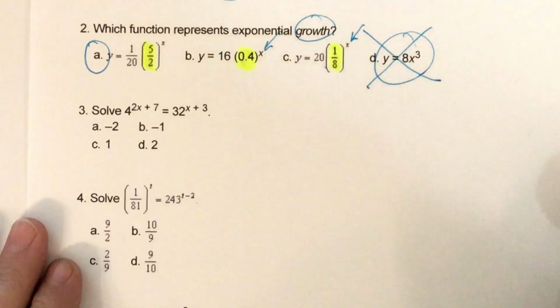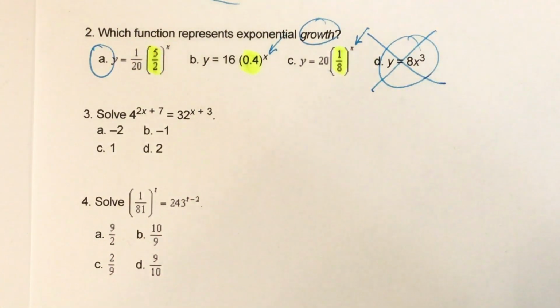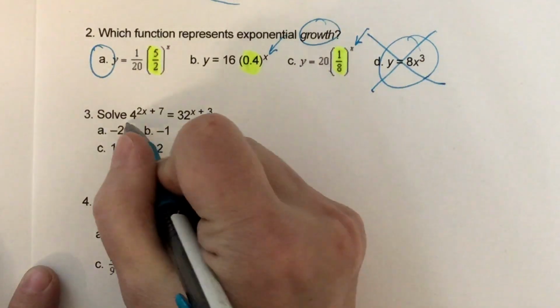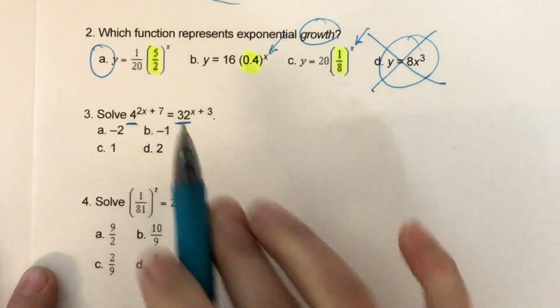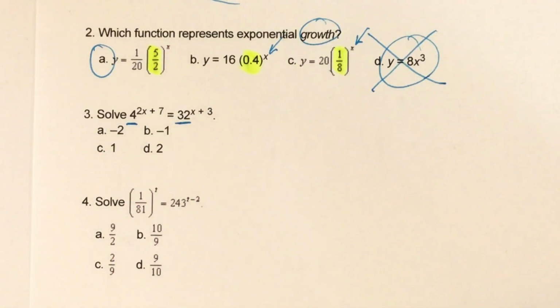All right. Now there are a bunch of these that you need to know how to do. With these problems, we're trying to get the bases to be the same. Whatever's under the exponent, that's the base, and we're trying to get it to be the same.